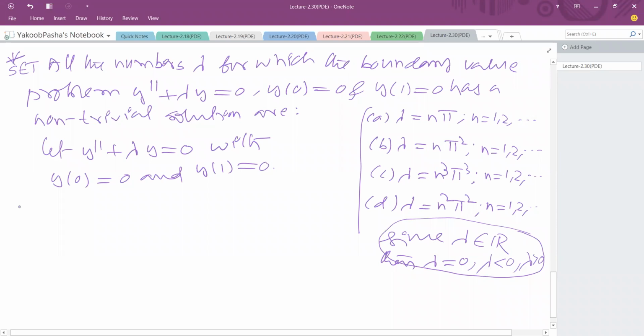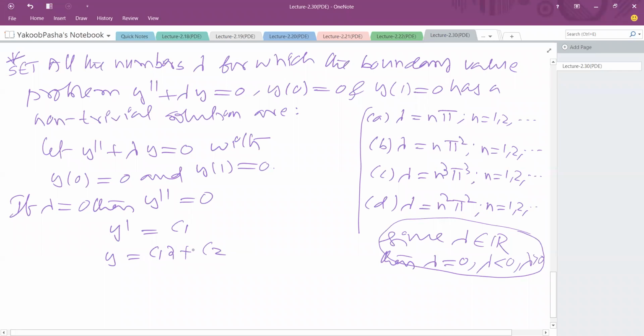If lambda is equal to 0, then in this case y double dash is equal to 0. Y double dash is equal to 0 means y dash is equal to some arbitrary constant c1, and by integration we get y is equal to c1x plus c2.